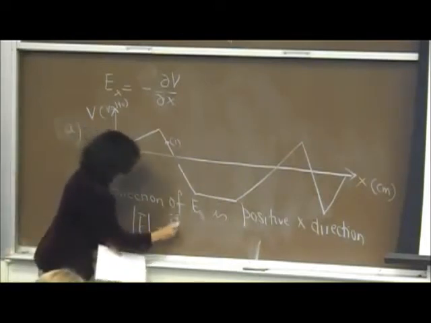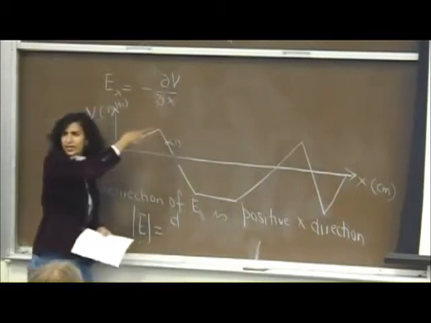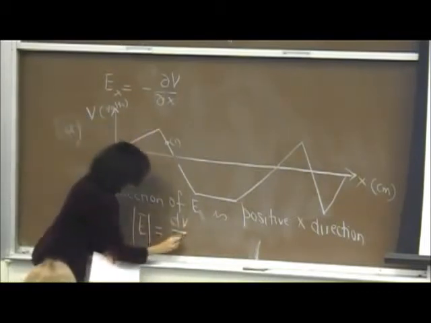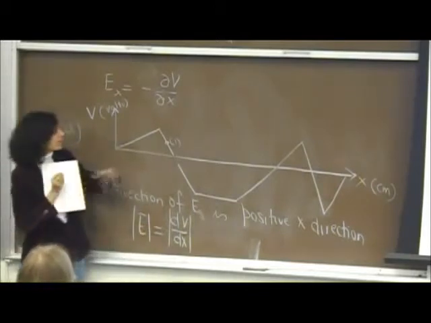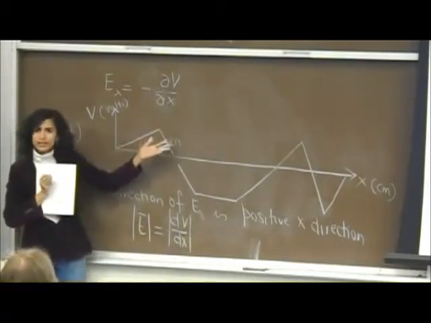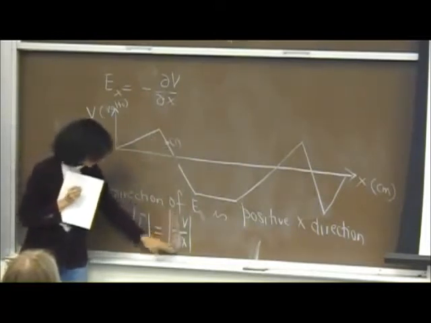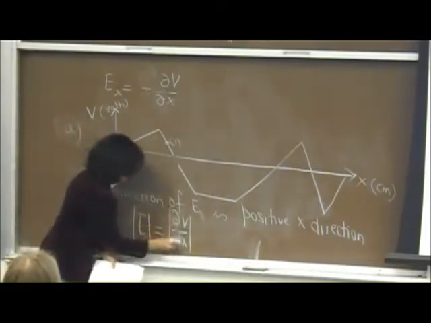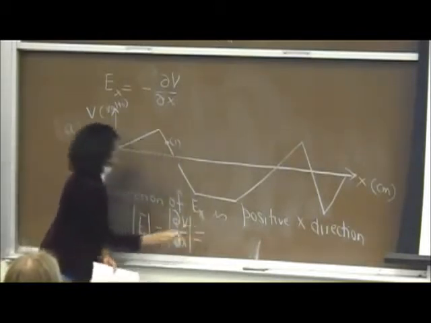The magnitude of electric field will be dV over dx, right? And I'm not going to write it as a partial. We can write it as a full derivative because there is no y and z dependence here. If you want to write it as a partial, there's no problem. Please feel free, it's the same thing.